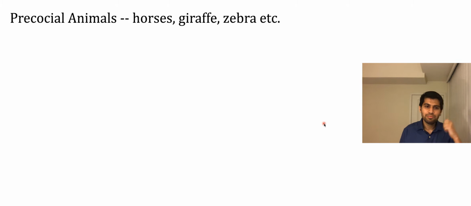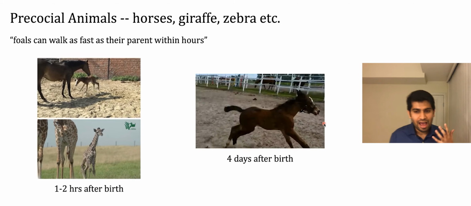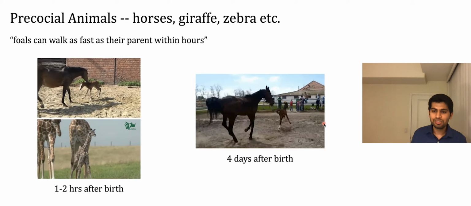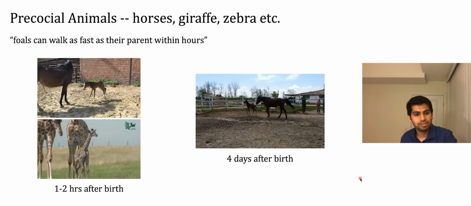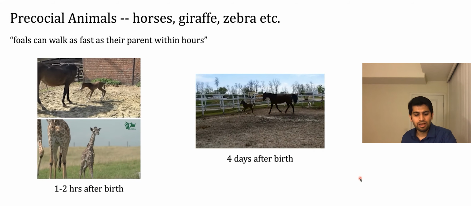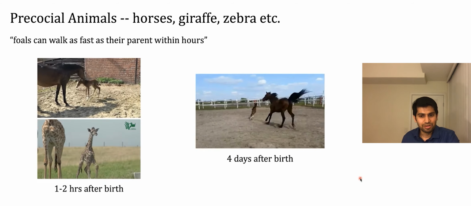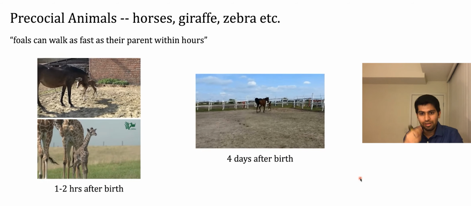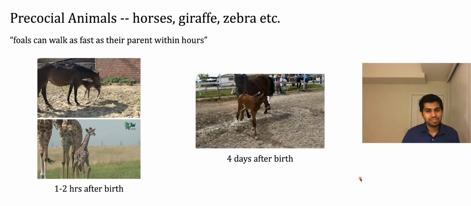And in fact, there are animals called precocial animals, which have something close to this pre-training kind of setup. Baby horses or baby giraffes, as soon as they are born, are able to walk or stand within hours after birth. And in a few days they start to run and do interesting things.